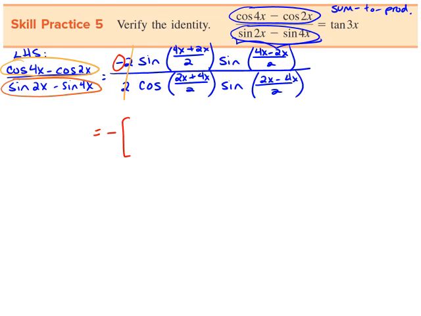And then I'm going to simplify all of the arguments. And I'm just going to do this in one quick step.